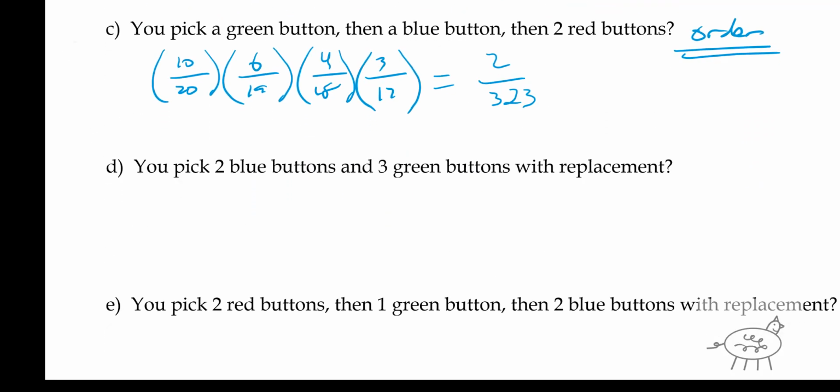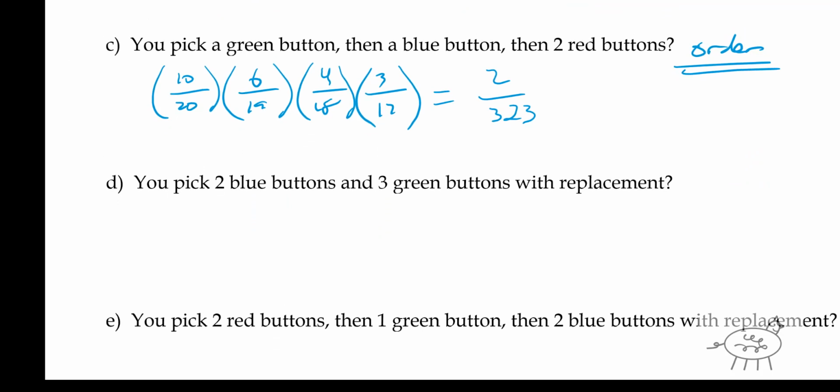Okay, you pick 2 blue buttons and 3 green with replacement, so that's different. And again, it's any order, so that means word. And by the way, it's blue, blue, and green, green, green. That's your word.